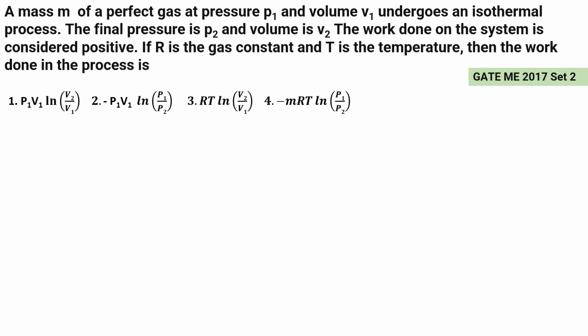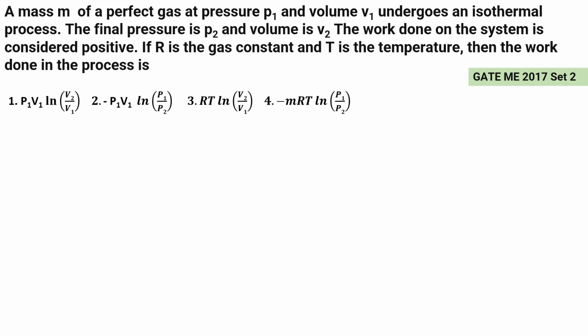Let's see the next problem. A mass m of a perfect gas at pressure P1 and volume V1 undergoes an isothermal process. The final pressure is P2 and volume is V2. The work done on the system is considered positive if capital R is the gas constant and capital T is the temperature.